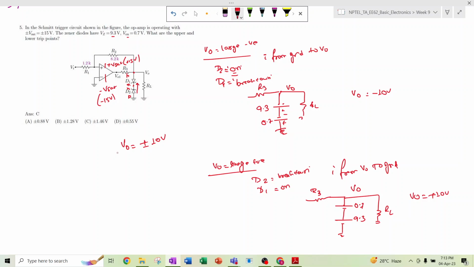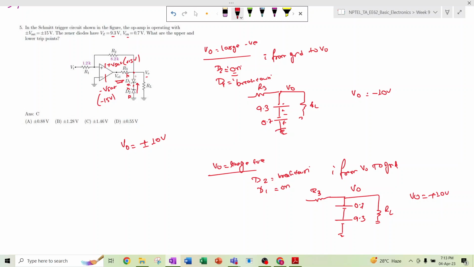Okay, so now how can we solve this problem? What is the upper trip point and what is the lower trip point of this? So here we can see that whatever be the value of V1, the same value doesn't appear in VO, because there is a back to back two Zener diode combination in the opposite direction, so that limits the output voltage.